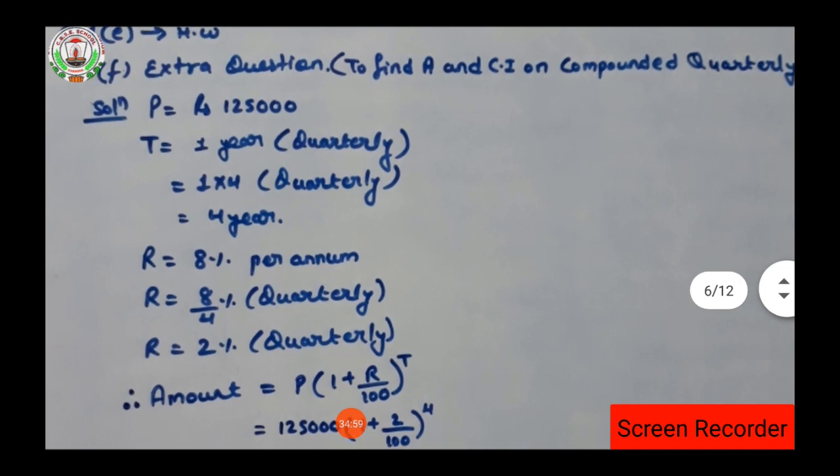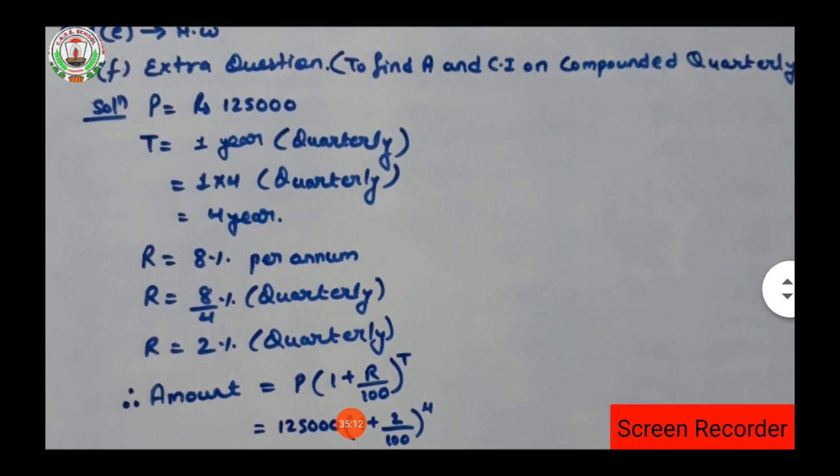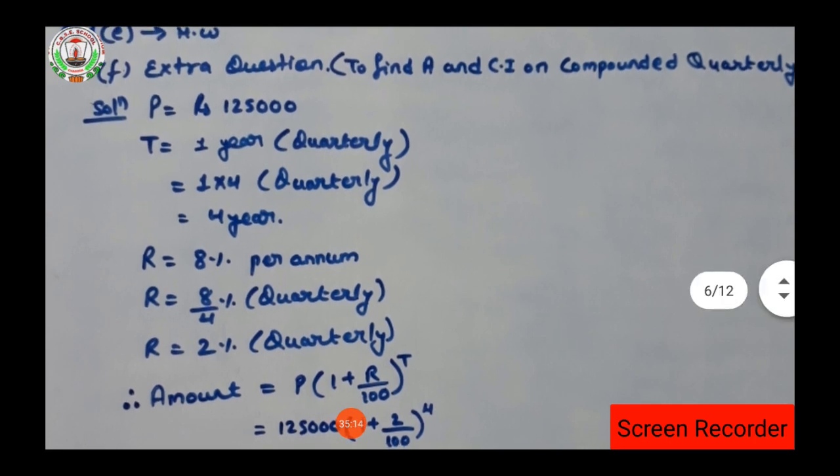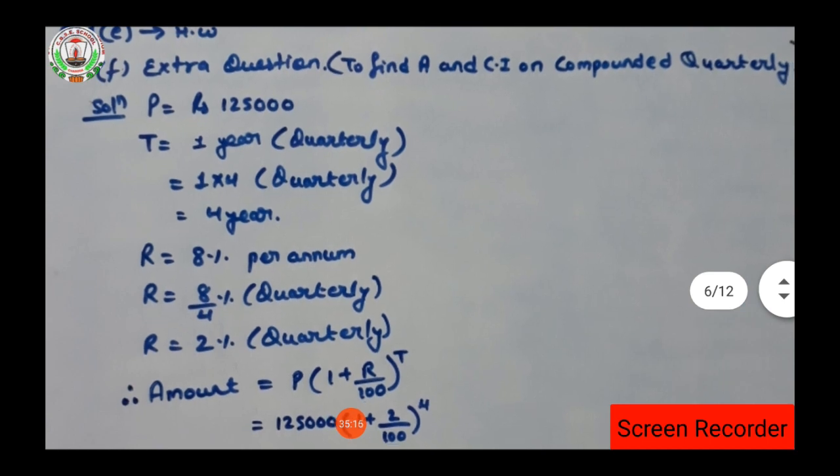So suppose principal is given as 1,25,000, time is given as 1 year, and rate is given as 8%. Now here it is said that it is compounded quarterly. So quarterly, that means what? 1 by 4.